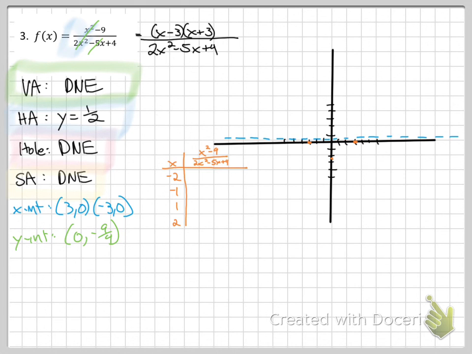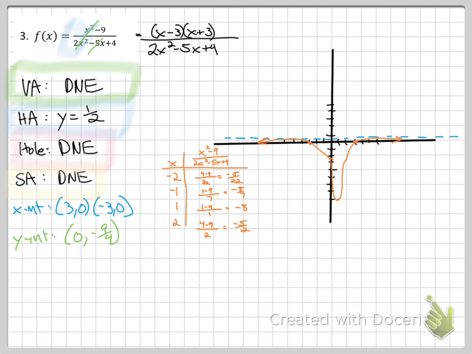Carefully plug in those numbers and see what you get. I'm going to pause mine and do the math. Okay, I showed a tiny bit of the work, but some of it I did in my head. I plugged in the numbers, I plotted the points, and you can see that it's dipping down, coming back up, and hugging the horizontal asymptote.